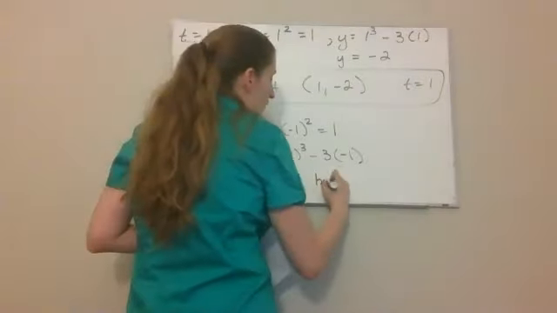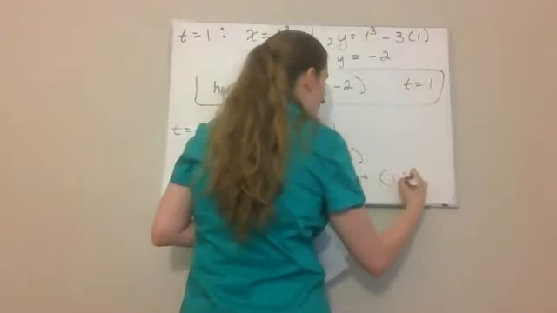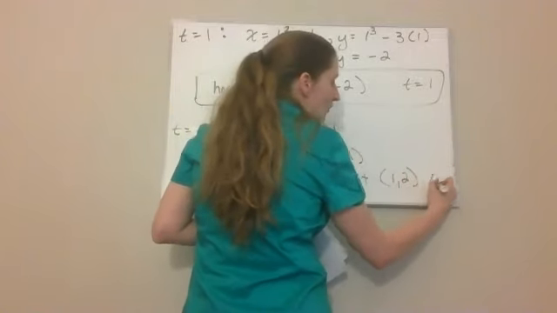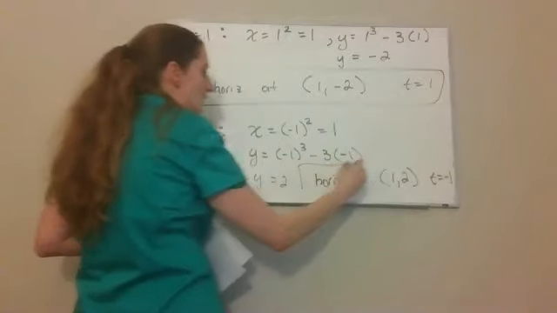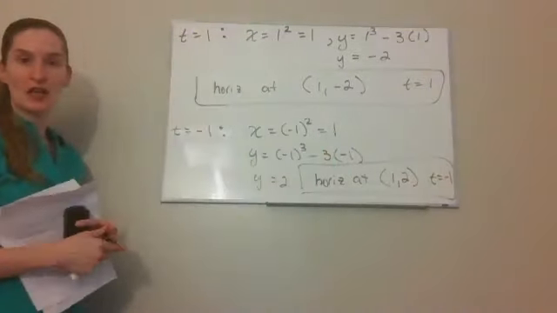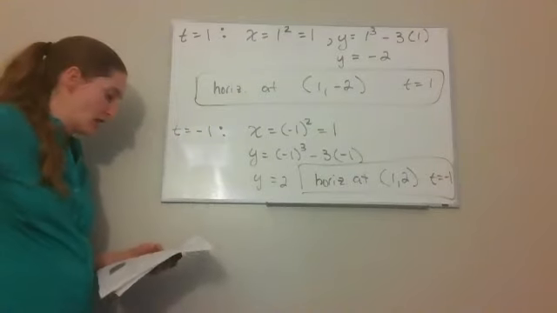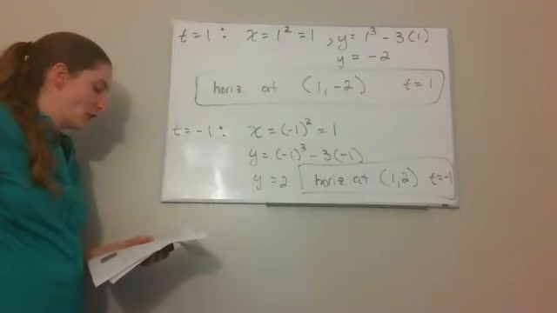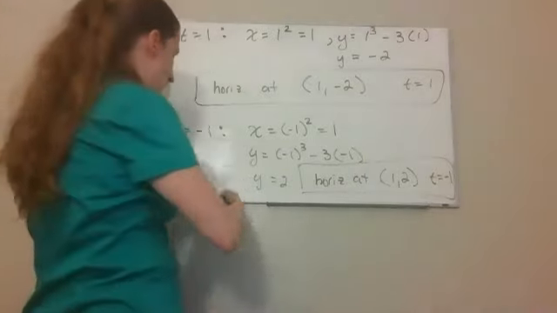So I get a horizontal tangent line at the point (1, 2), where my t was negative 1. So I have two places where I have a horizontal tangent line: the point (1, -2) and the point (1, 2).